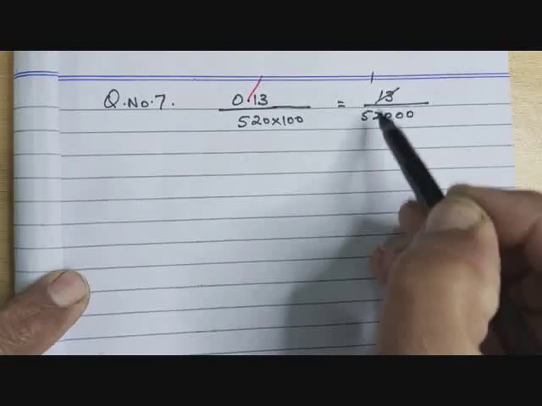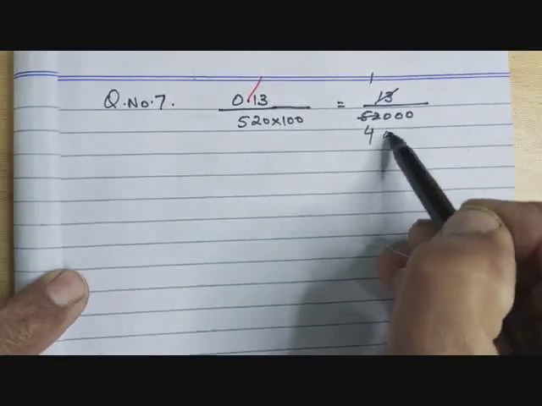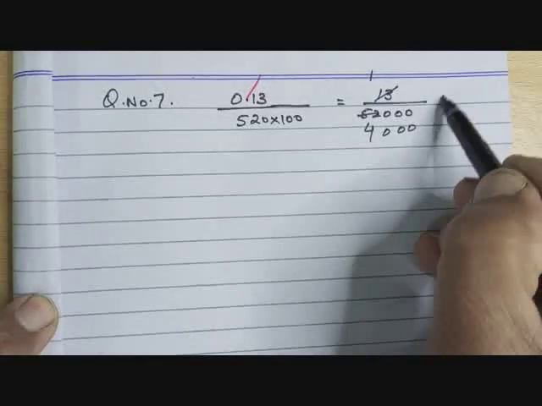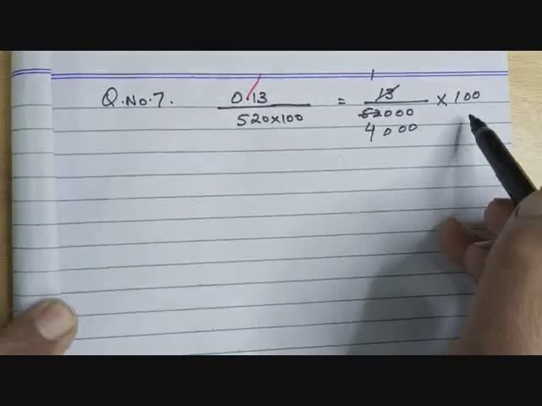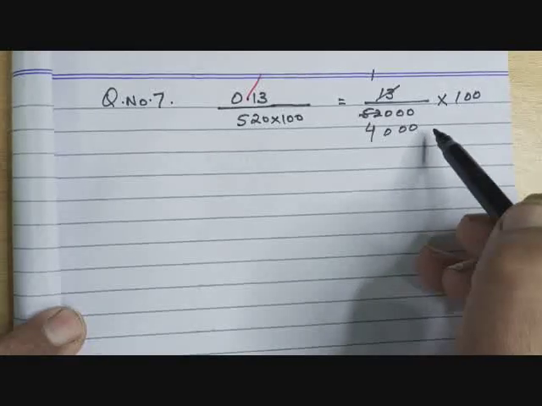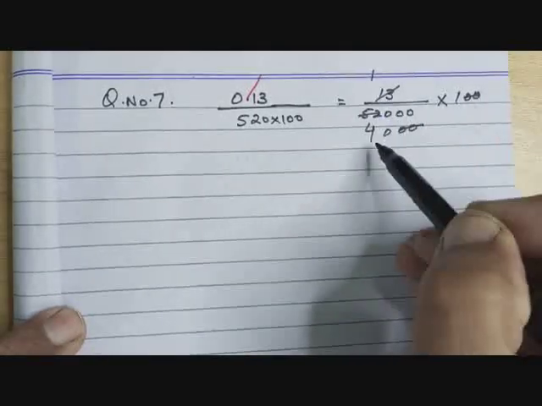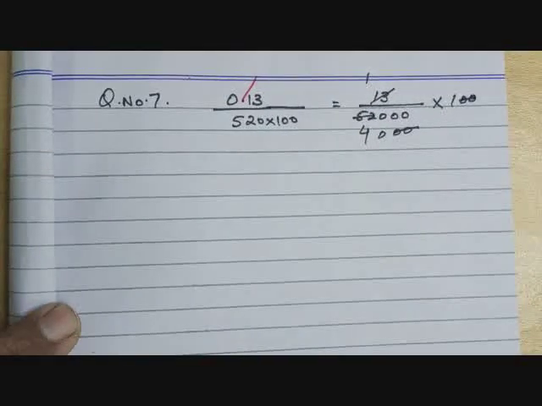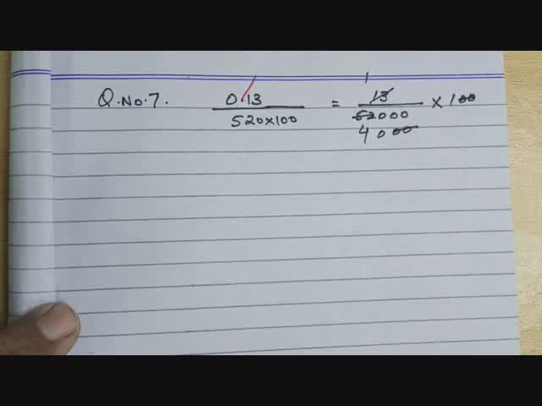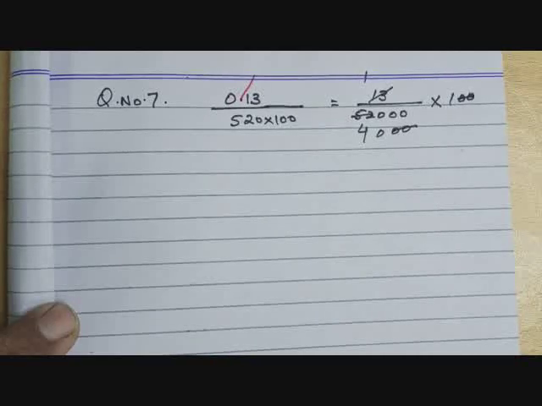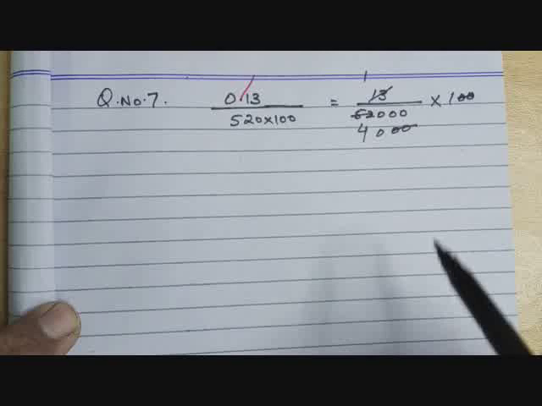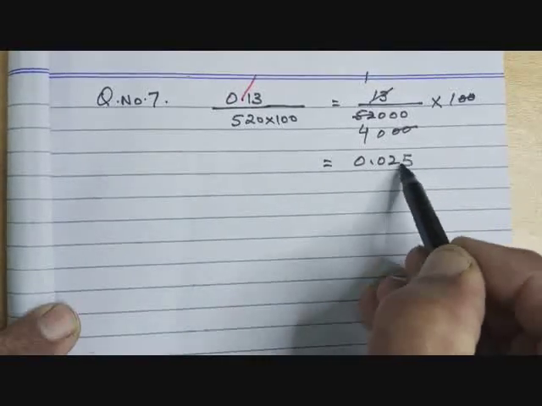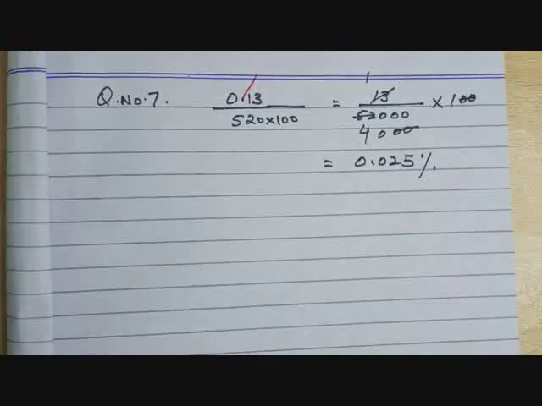So it will become 1 upon 4000. Now it has to be multiplied by 100 also, so it is 1 upon 40. 1 divided by 40 is equal to 0.025%. So this is the answer.